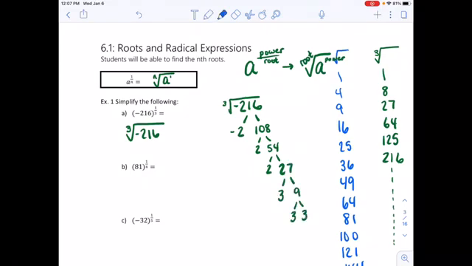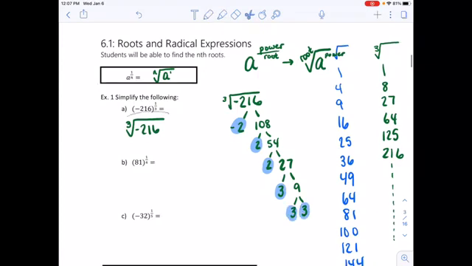Now, notice you can then highlight the leaves, the ends of each of these, and that is equivalent to the cubed root of negative 216 when we write these out.